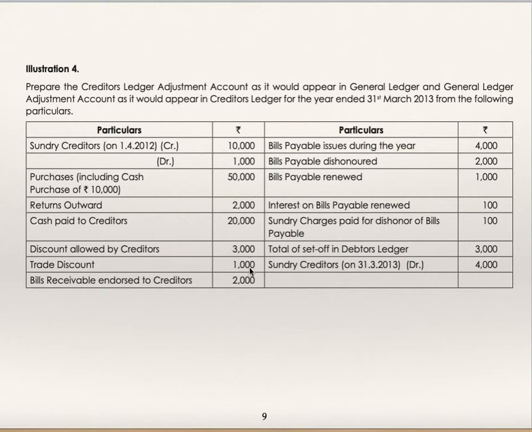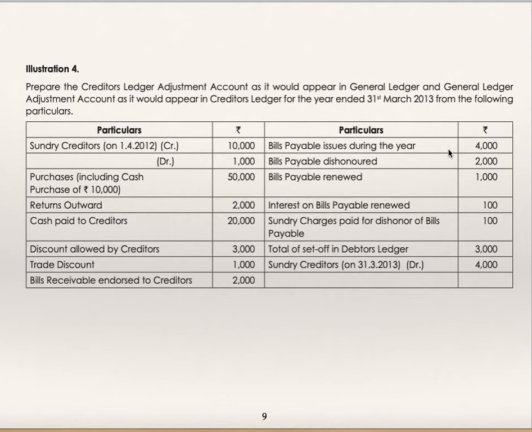Trade discount is not to be recorded in self-balancing ledger. Trade discount, cash sales, reserve for bad debts, recovery of bad debts are not to be entered in self-balancing ledger. Bills receivable endorsed to creditors 2,000.